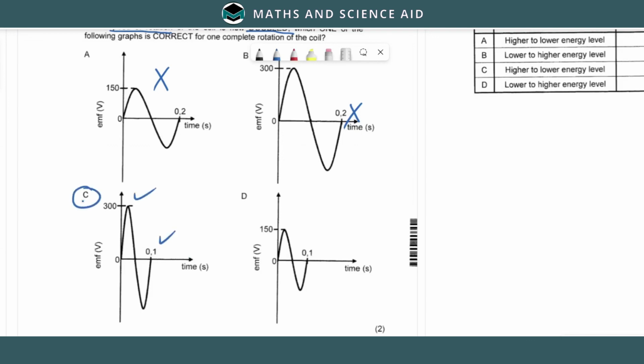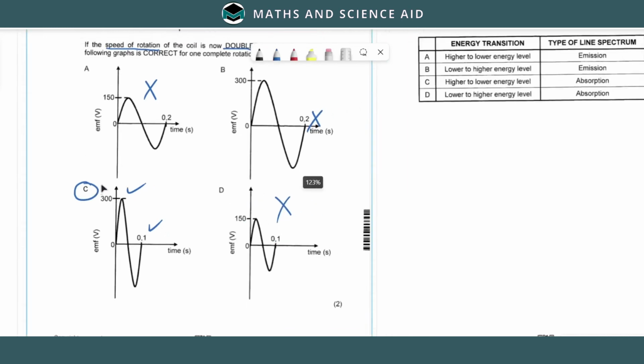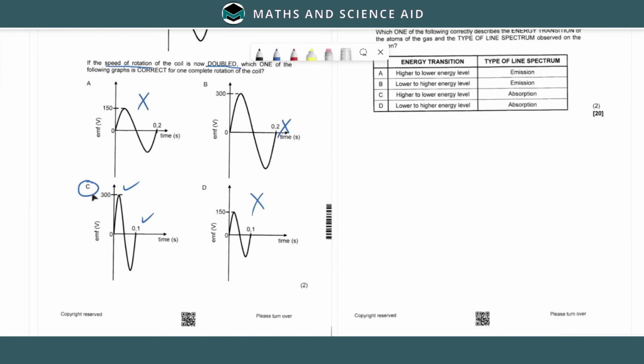So C is the correct answer here. D, yes, it's correct that it would now take half the time for one complete rotation, but the EMF must also be doubled, so D is also incorrect. So the correct answer is C.